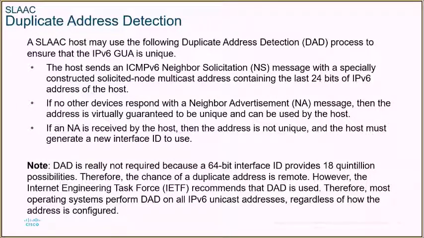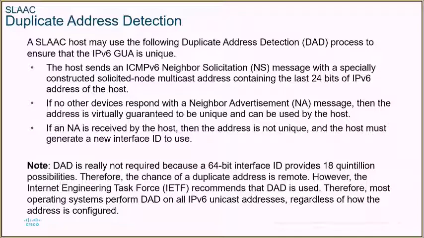Now, of course, because the host generates its own interface ID, or host section, there is an optional process often called DAD, or duplicate address detection. Once it's decided on its interface ID, it will send out a neighbor solicitation message with its own address as the destination.